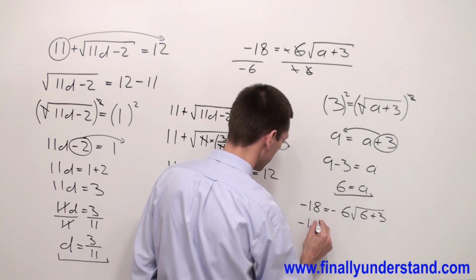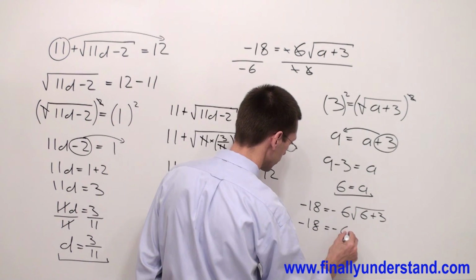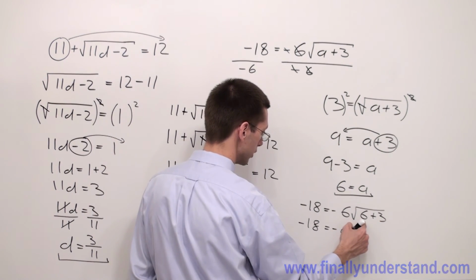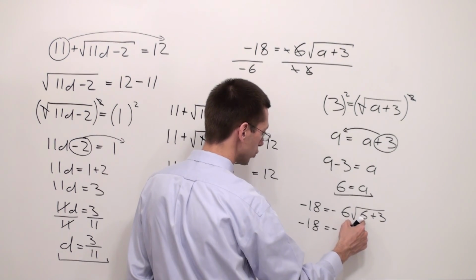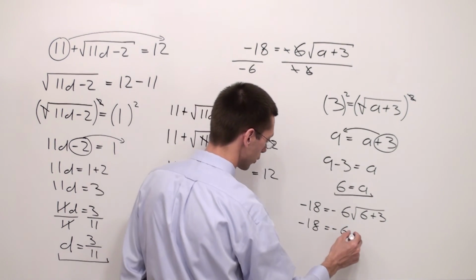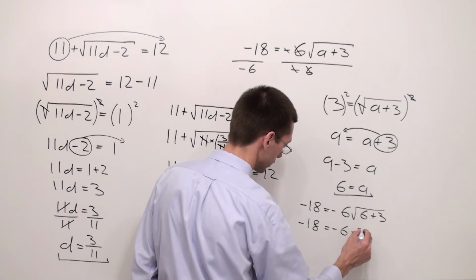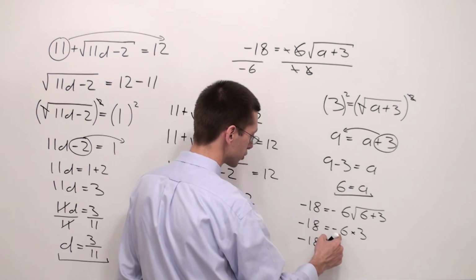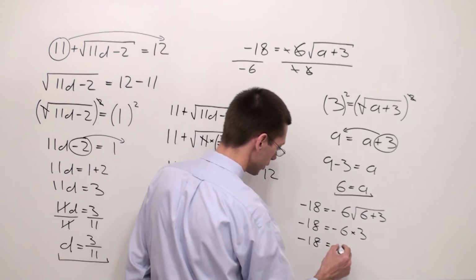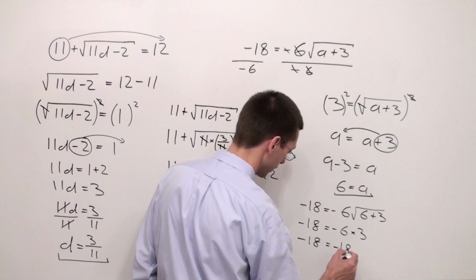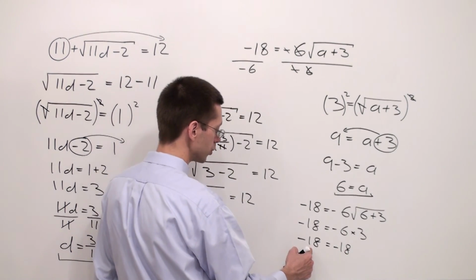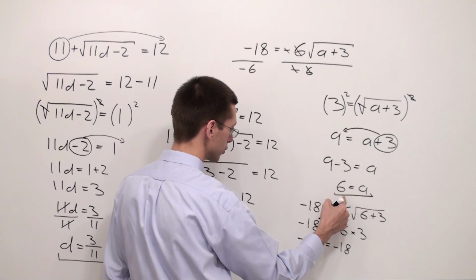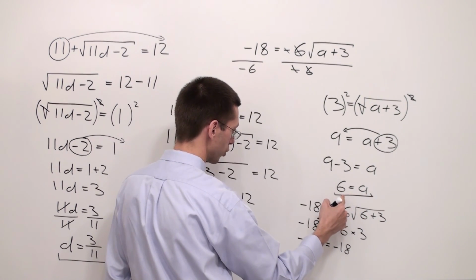I have negative 18 equals negative 6 times the square root of 3 plus 6, which gives me 9. Square root of 9 is equal to 3. That's why I'm going to write 3 over here. I have negative 18 equals negative 6 times 3, which is equal to negative 18. As you can see, the left side is equal to the right side. So a equals 6 is my proper solution.